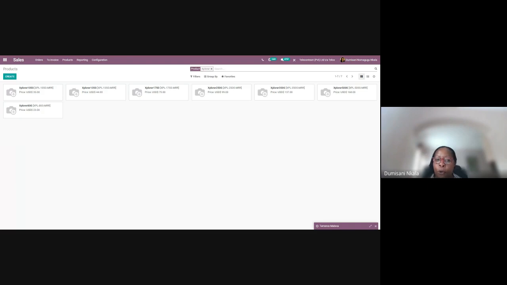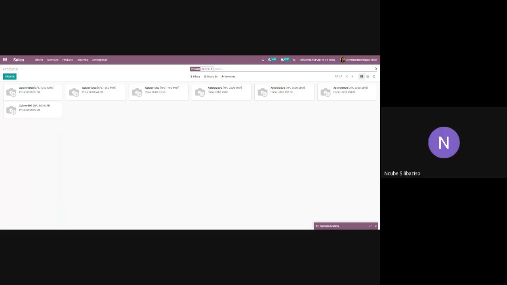If they want to downgrade, they can only downgrade back to Velocity 70G. They will not be able to downgrade to Explorer 105G. Is that clear? Yes, it's very clear.